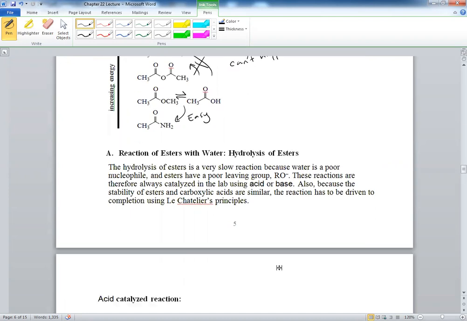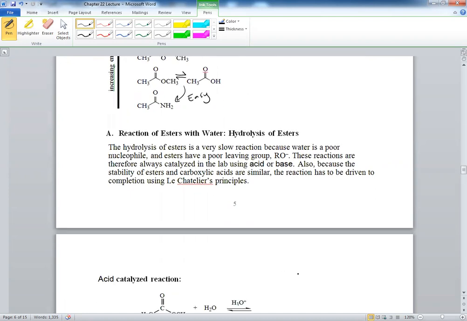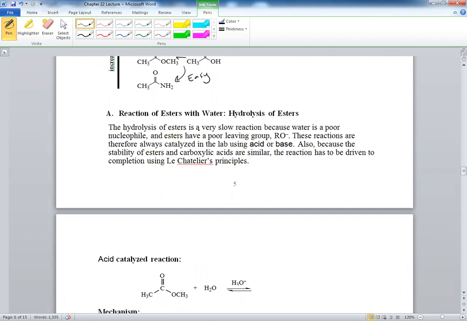Now the first reaction, a very important reaction, is called the hydrolysis of esters, meaning esters are turning into carboxylic acids. The hydrolysis of esters is a very slow reaction because water is a poor nucleophile and esters have a poor leaving group, the alkoxide, the OR group. These reactions are therefore always catalyzed in the lab using acid or base, so you have acid catalyzed and base catalyzed.